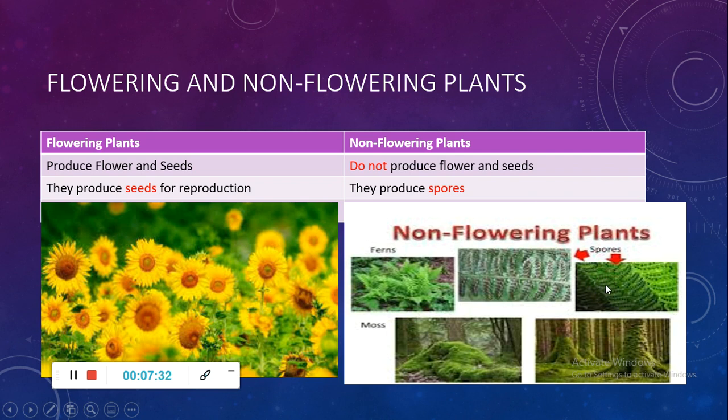So non-flowering plants produce spores for reproduction, while flowering plants produce seeds. Flowering plants produce flowers and seeds, while non-flowering plants do not, but they produce spores.